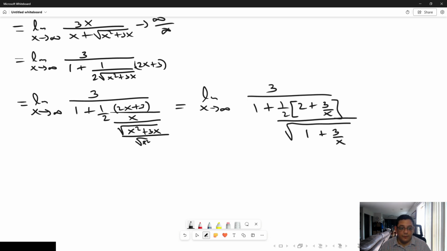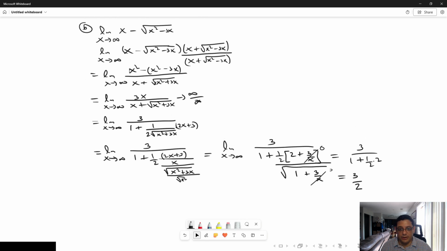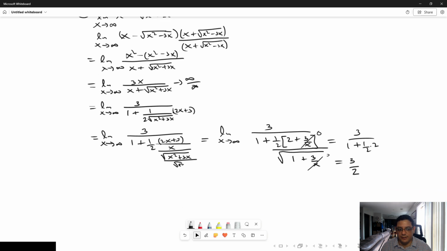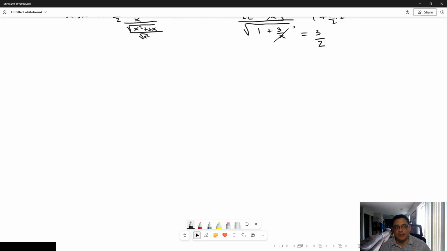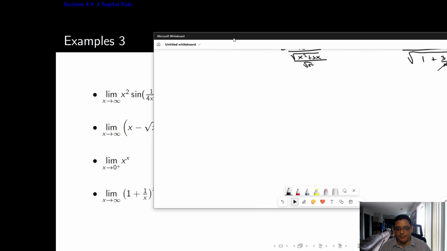Now when x goes to infinity, this goes to 0, this goes to 0, and this transforms into 3 over 1 plus 1/2 times 2, and this becomes 1, so it's just going to be 3/2. And so as you can see, this is also combining a lot of algebra with dealing with different indeterminate forms. So now let's go back to another example.